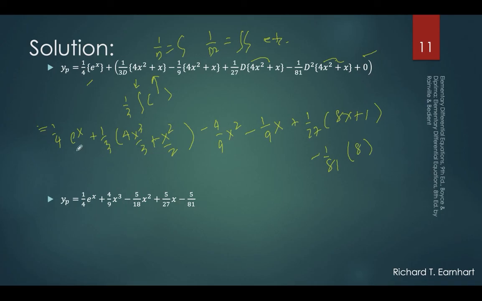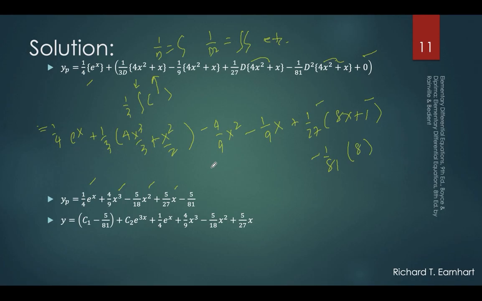So simplifying, 1 over 4 e to the x. And then we combine all: x cubed will give you 4 over 9, and then x squared, negative 5 over 18, 5 over 27x. And then for the constant, 1 over 27 minus 8 over 81 is 5 over 81.